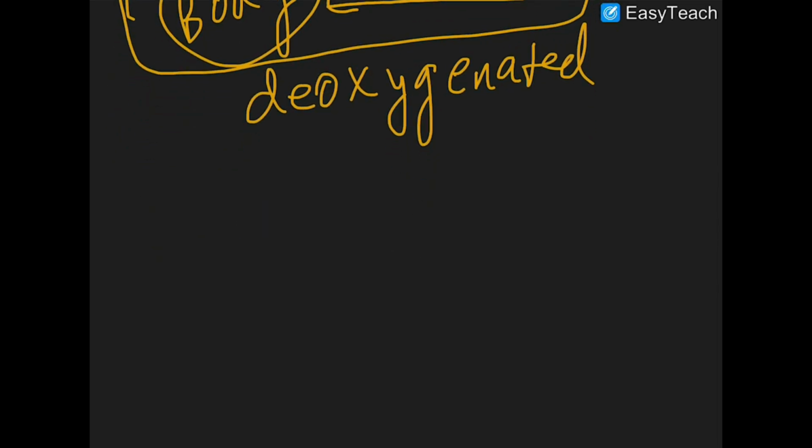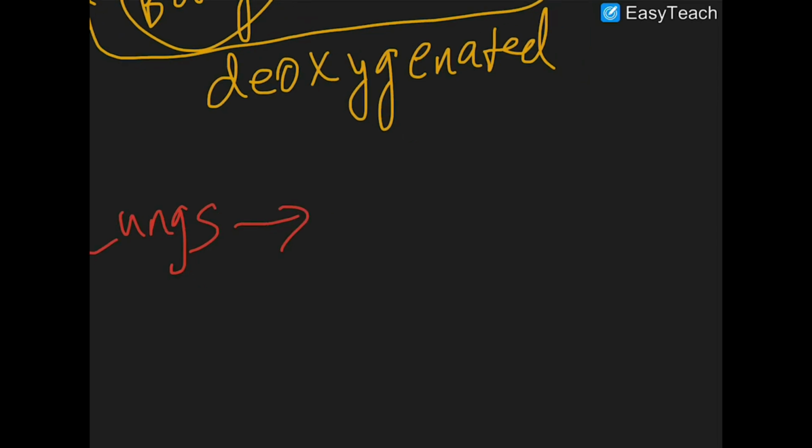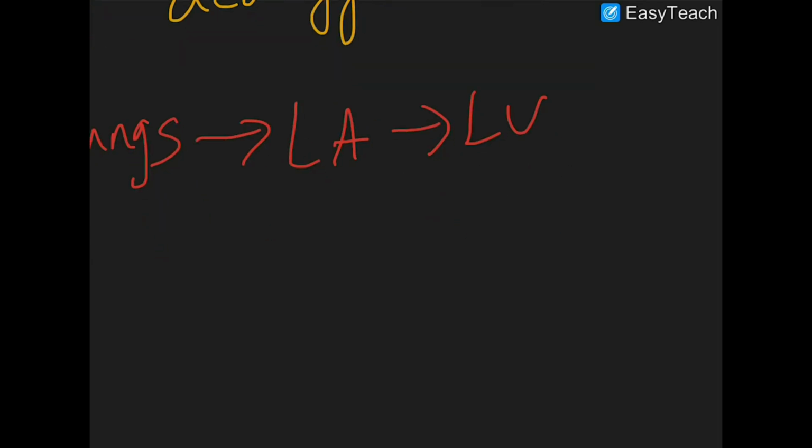Now let's go to the left side of the heart. Let's just choose red. On the left side, we have from the lungs to the left atrium, to the left ventricle, to the, not the aorta. Remember, this is going to be to the pulmonary artery.